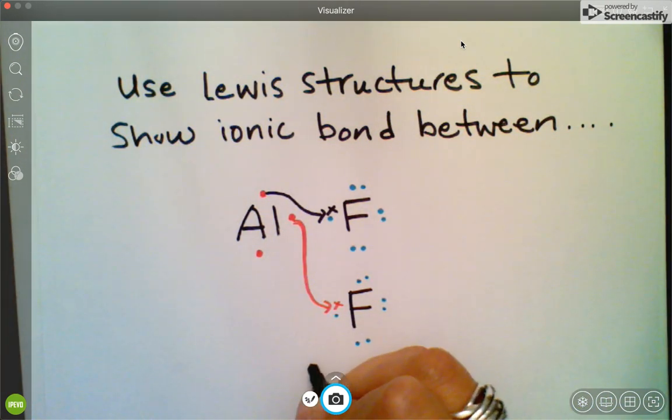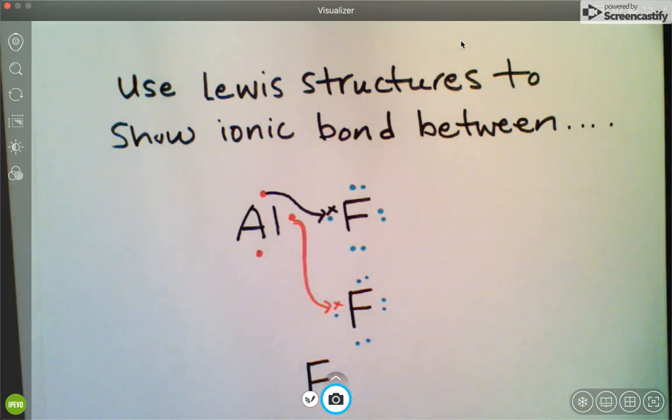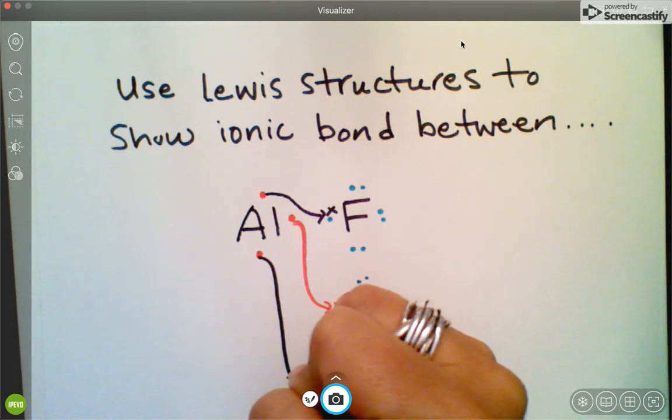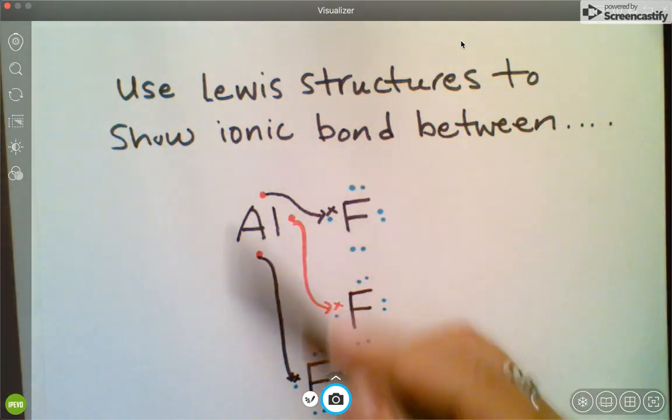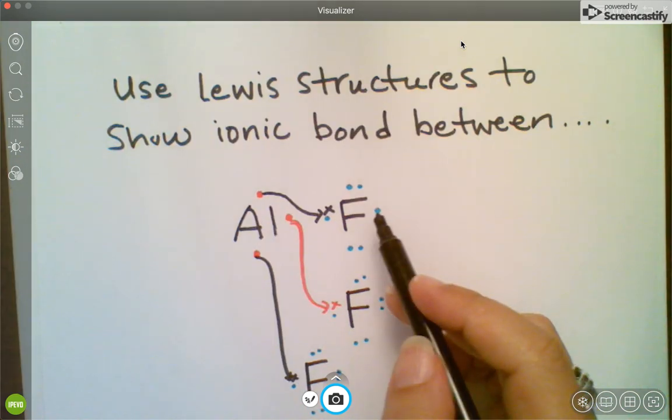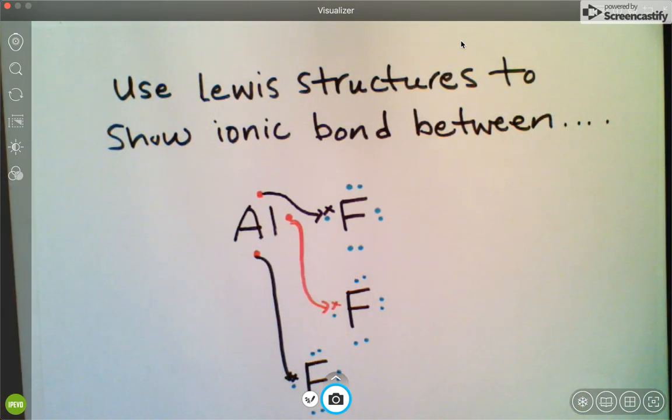So we need to bring in yet 1 more fluorine. And I am quite confident with this scenario that we can donate that last electron where every atom is now satisfied. We notice that each fluorine picked up an electron, electrons being negative.